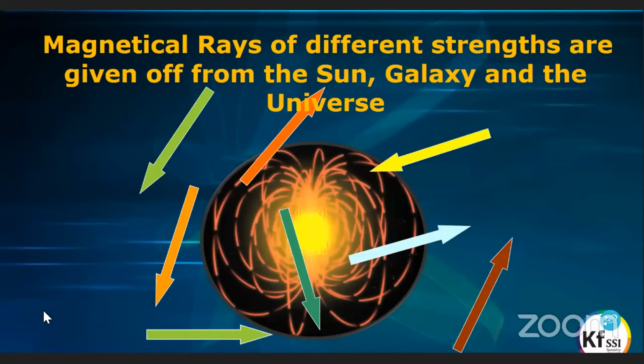So we also have to say that magnetic rays of different strengths are given off from the sun, the galaxy, and the universe. There is no one which has identical strength. So we have billions of rays of all different strengths given off from the sun and the central galaxy and the universe.